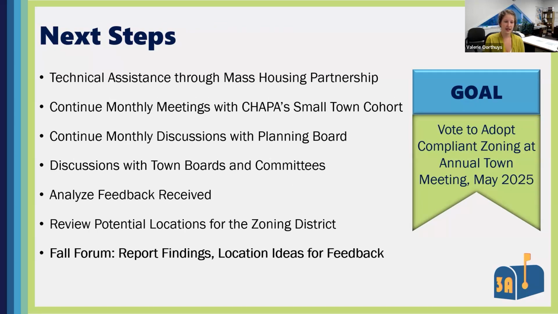We'll start discussing more with other town boards and committees, their ideas around locations and their thoughts on where the district should be located and what the housing should look like. And we'll analyze all that feedback received and start to work on potential locations coming up to that fall forum. Our goal is to adopt compliant zoning in May 2025.